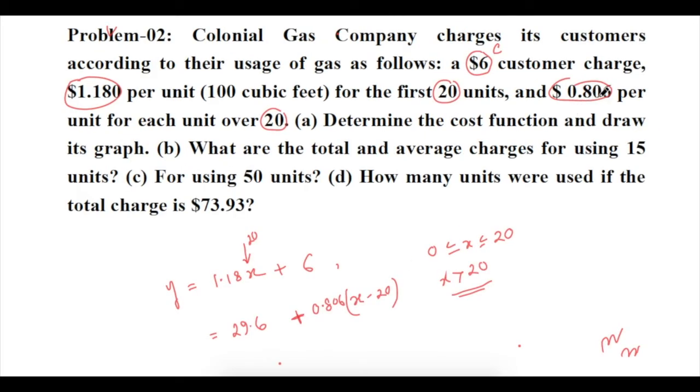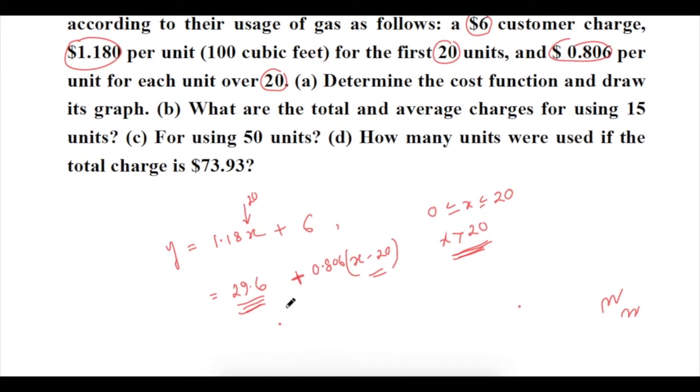So 0.806 per unit for each unit over 20. And for the first 20 units, the payment will be 29.6. If you put 20 here, 1.18 into 20 plus 6, it will be 29.6. Plus per unit charge 0.806 into x minus 20.